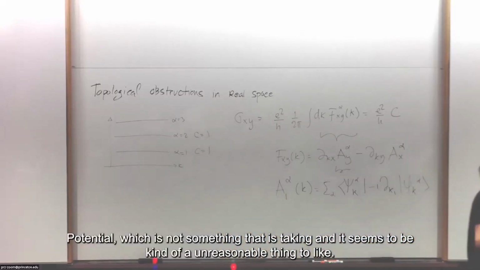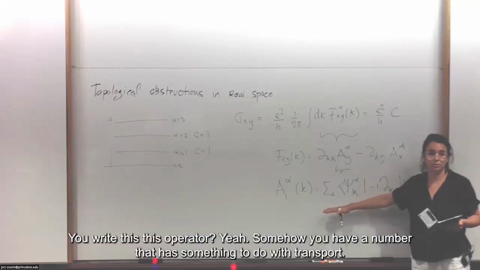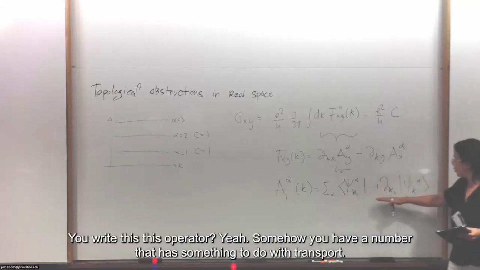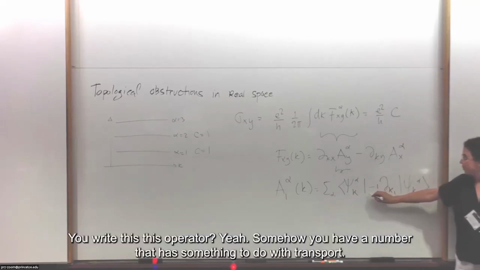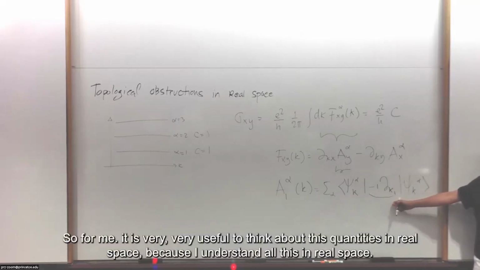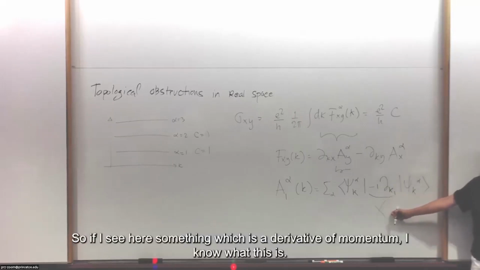So for me, it is very, very useful to think about these quantities in real space, because I understand my world is in real space. I understand real space much better. So if I see here something which is a derivative of momentum, I know what this is in real space. It's position. It's just a Fourier transform of position.